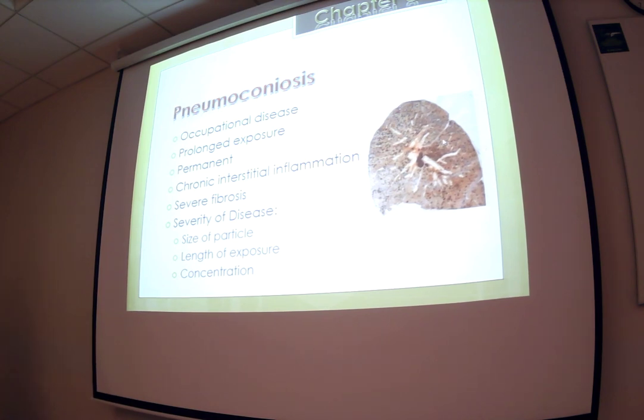Essentially, just as we've seen in other things, like chronic interstitial inflammation, in the advanced stages you're going to see some very severe fibrosis. So if you look in this lung, all these black spots are areas of fibrosis.